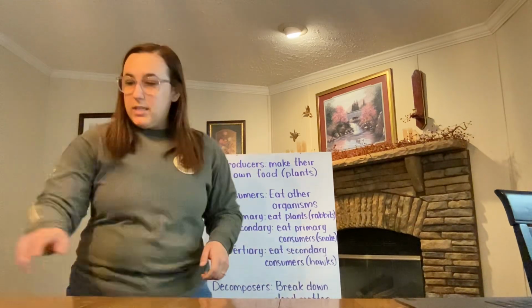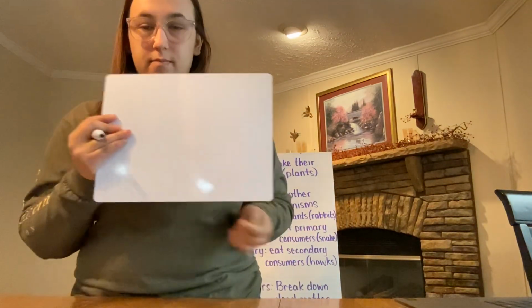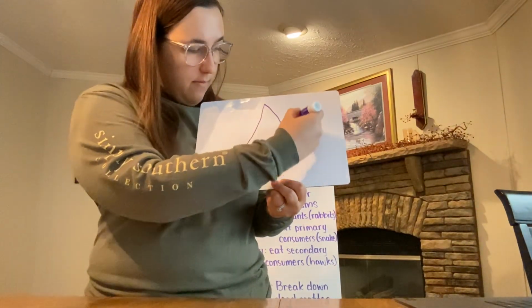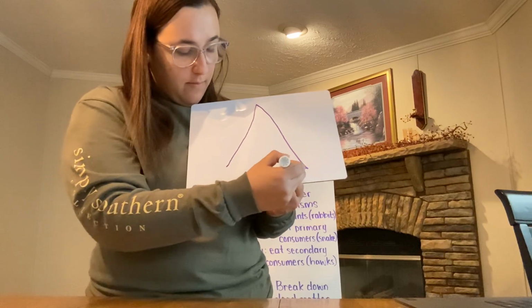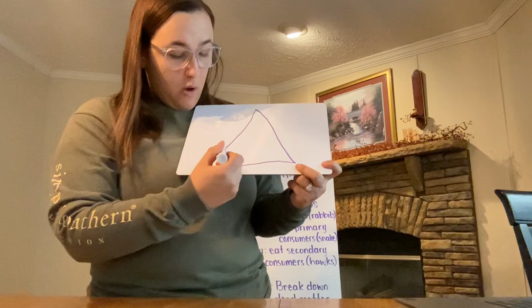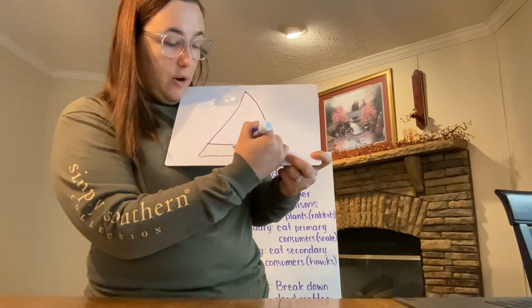Okay. Now, since we know our vocabulary words, we are going to draw a simple food chain. First, we would start out with our producer, which would be grass.